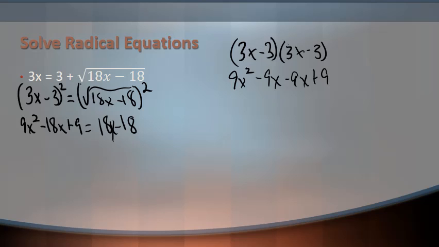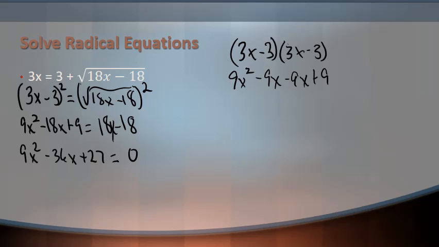18x minus 18. Now I'm going to move all of this over to the left side of the equation, setting the entire equation equal to 0. That's going to give me 9x squared, and minus 18x minus 18x is going to be minus 36x, and plus 9 plus 18 is plus 27, equals 0.